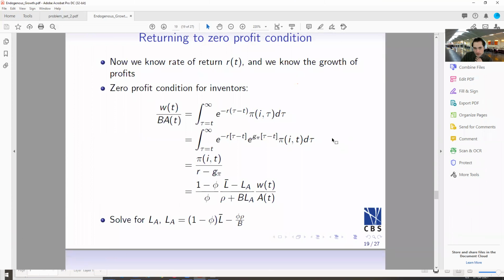So then we come down here. If I look at this zero profit condition, you can see that I'm substituting in pi IT.